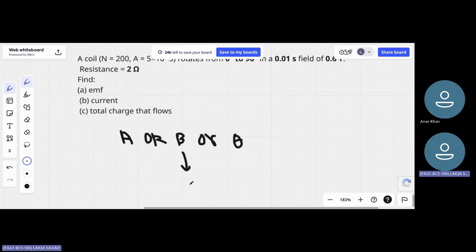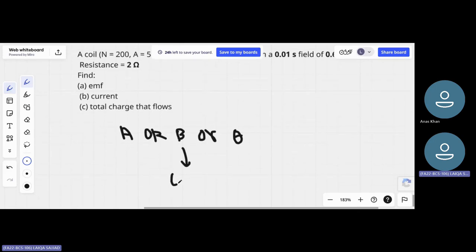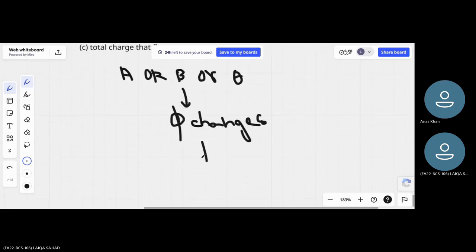When any of these three quantities changes, the flux changes, and whenever the flux changes, EMF is produced.